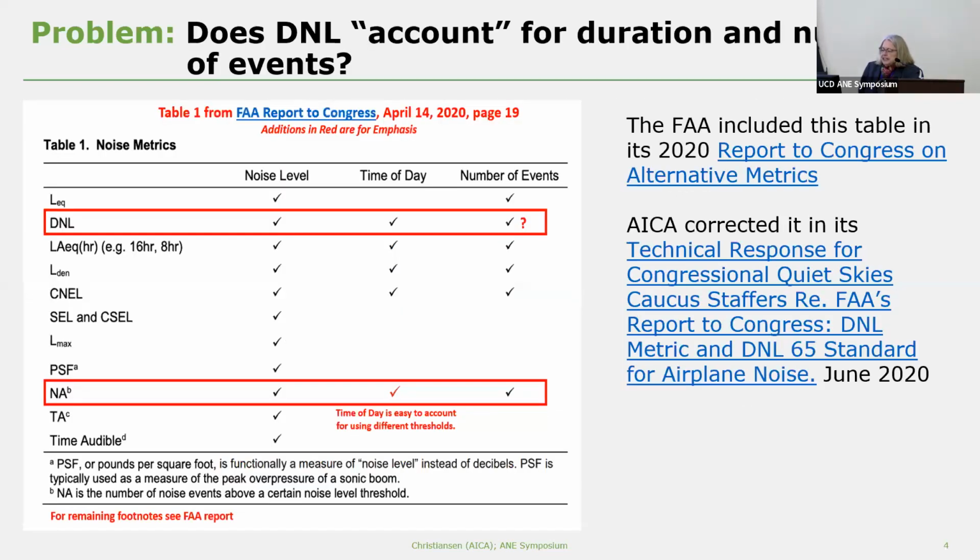In their 2018 report, the FAA uses this table to summarize its noise metric information. The Aviation Impacted Communities, in its technical report to the Congressional Quiet Skies Caucus, corrected the table. For example, when the FAA reports that DNL accounts for the number of events, when you average over the number of events, that's not accounting for it.